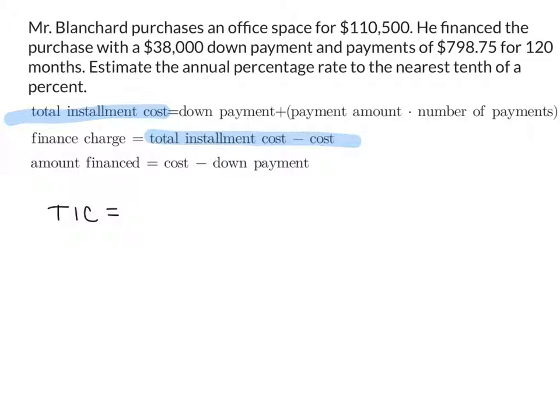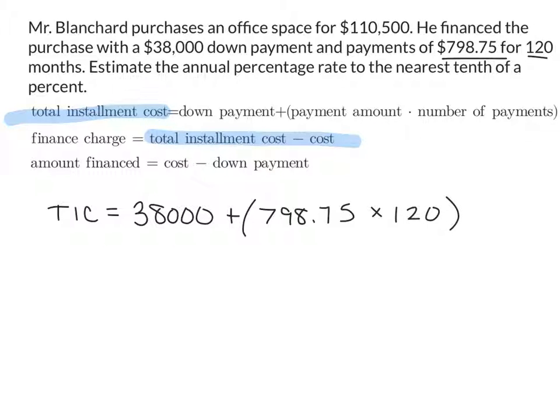So the down payment is $38,000. I'm going to add that to the payment amount, which is $798.75, times the number of payments, which is 120.